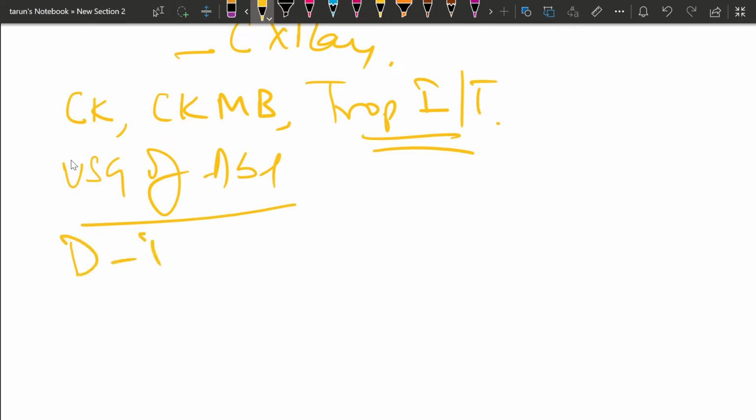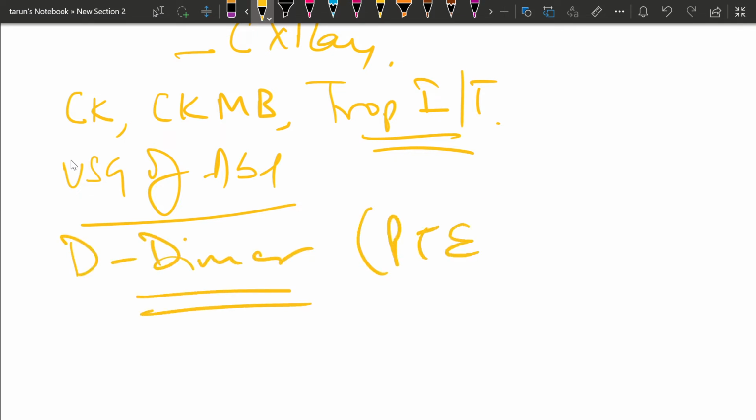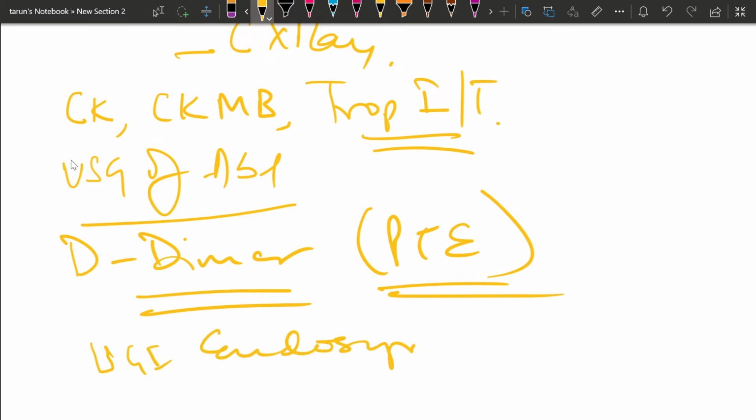Then you would also like to do the D-dimer for pulmonary thromboembolism, and upper GI endoscopy, and barium swallow. So what are the investigations you will like to do?